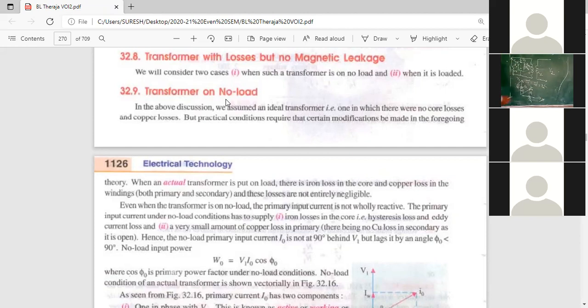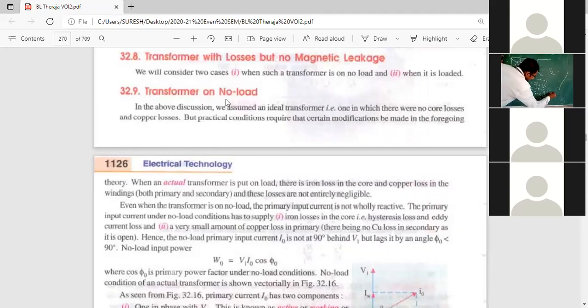Next I am writing cos phi is equal to IE by I naught. Therefore, IE is equal to I naught cos phi naught.